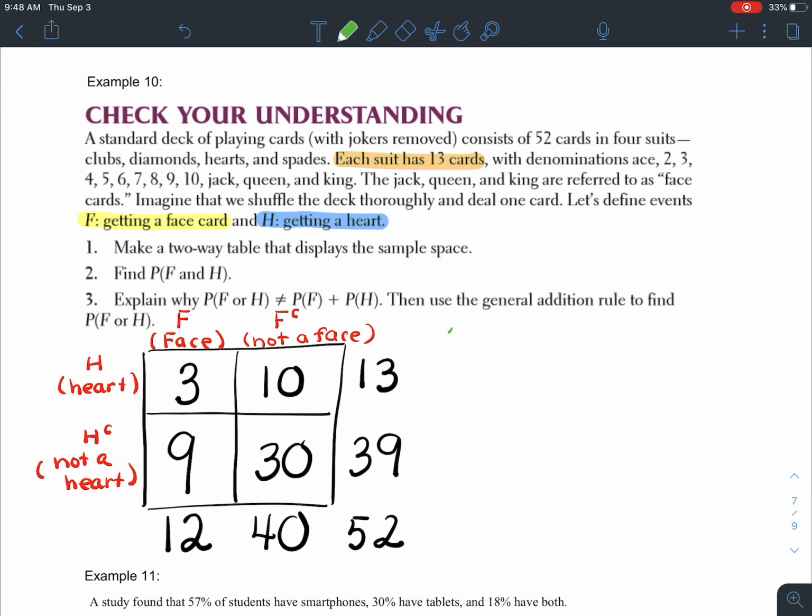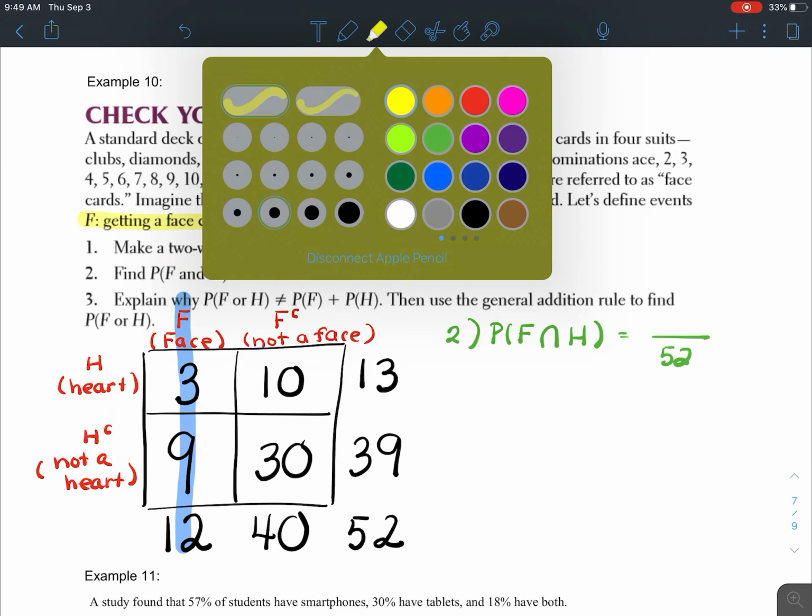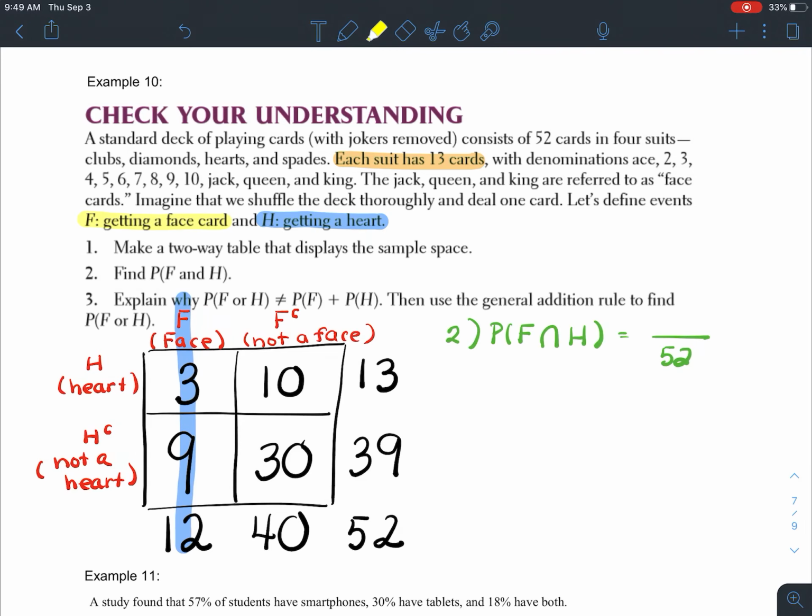We made a two-way table that displays the sample space. Now that we have this, we should be able to work through and find number 2, the probability of a face card, and I'm going to use this notation, that's the intersection symbol, and a heart card. Keep in mind there are 52 cards total.